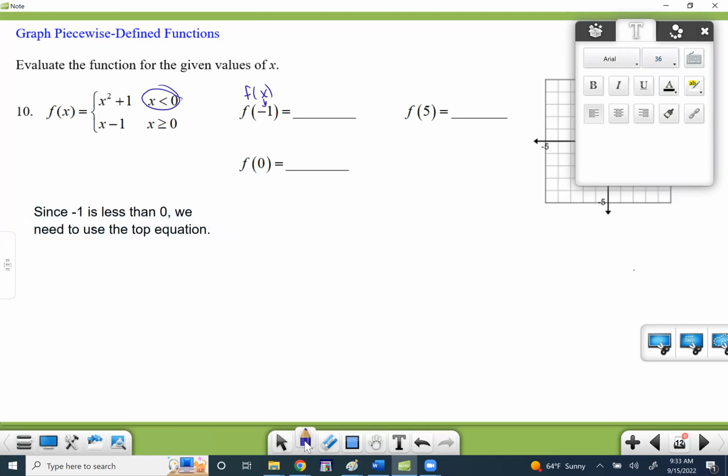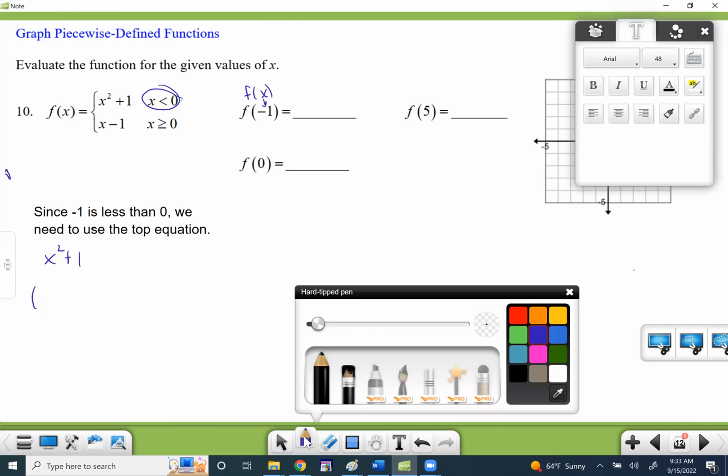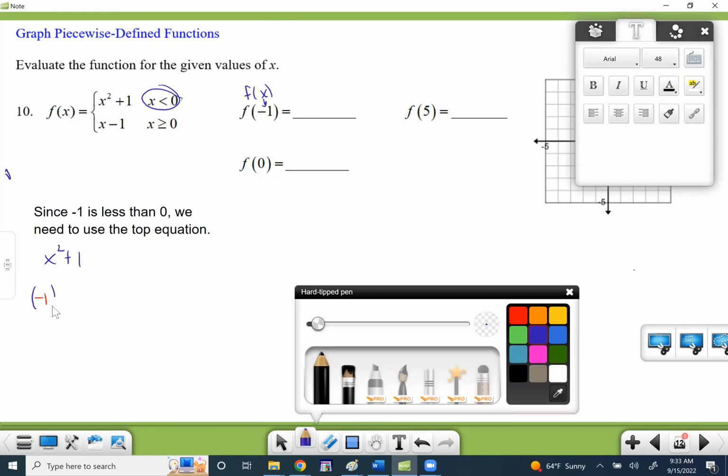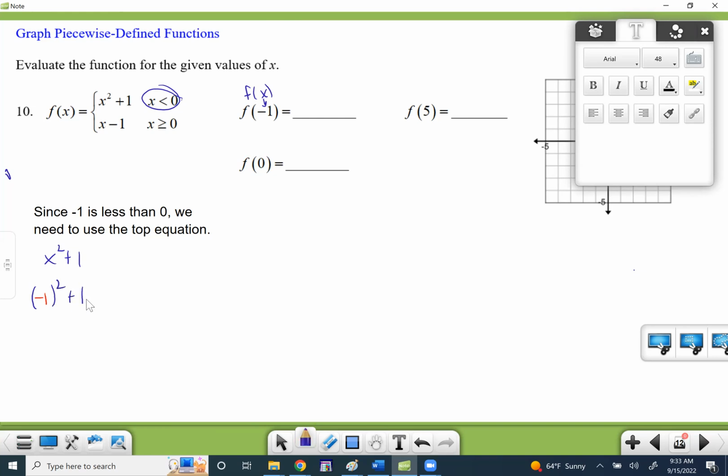So we're going to take -1 and substitute it into the x squared plus 1 equation. Okay, so if we substitute -1 in, -1 times -1 is +1, and 1 plus 1 is 2. So the answer to this should be 2. You're just reporting out what is the y value.